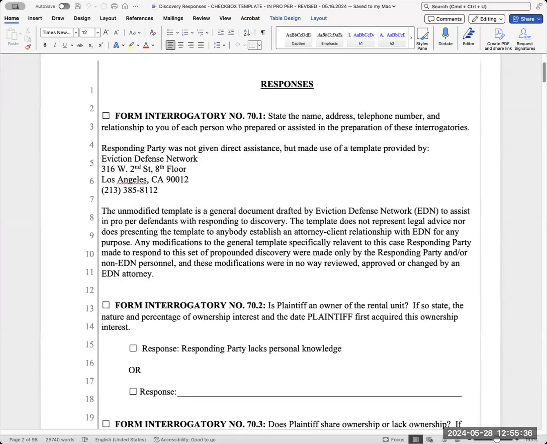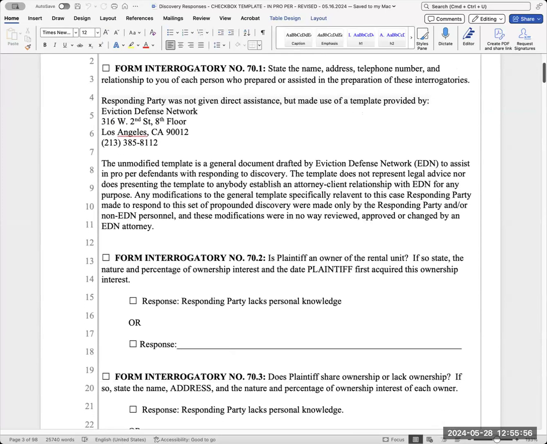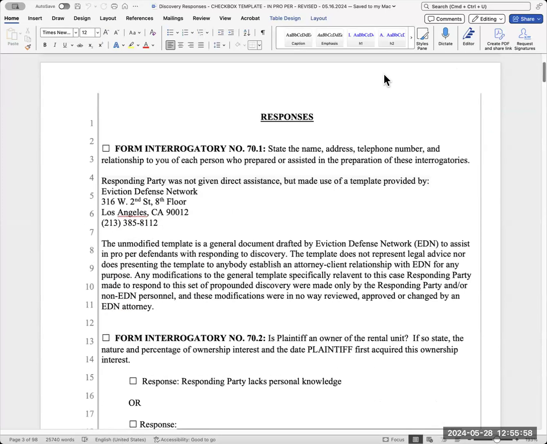Next, the first question is asking, did anyone assist you with the interrogatories? And when they ask if anyone prepared or assisted, they're talking about helping you with your answers, right? So we're providing you with a document only.